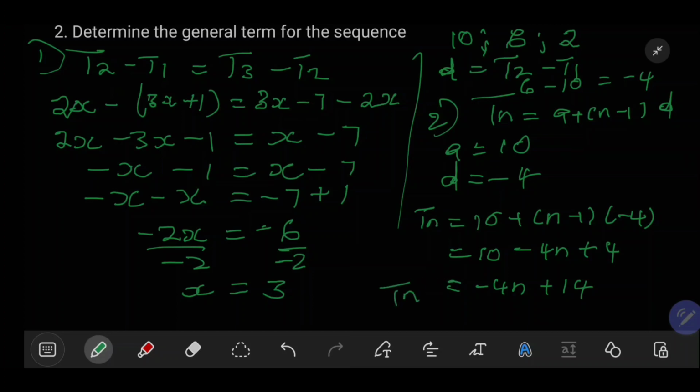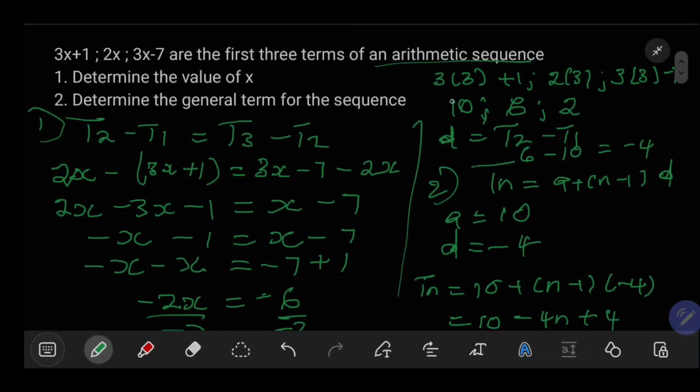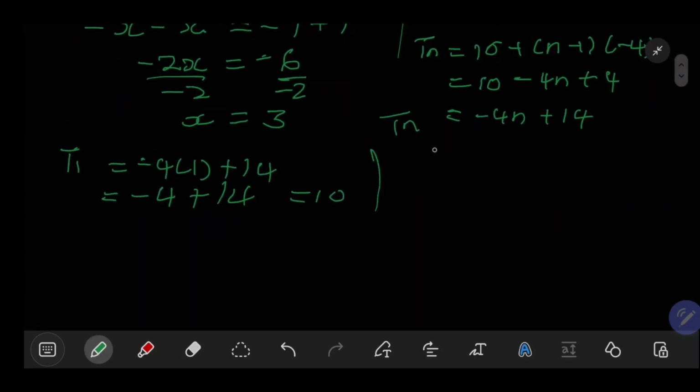So to check whether this general rule is correct or not, we can try to find term number 1. Then it means you're going to have negative 4 into 1 plus 14. So this is negative 4 plus 14, and then you get positive 10, which is our first term. Okay, so if you don't trust yourself, you can find term number 2.